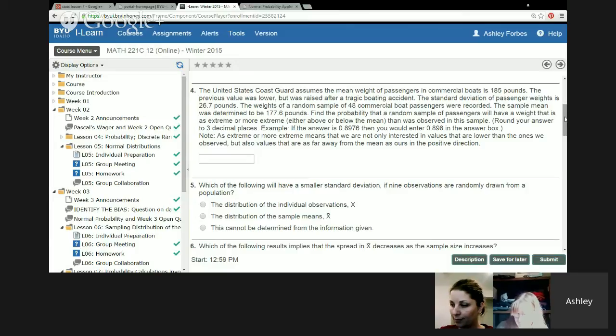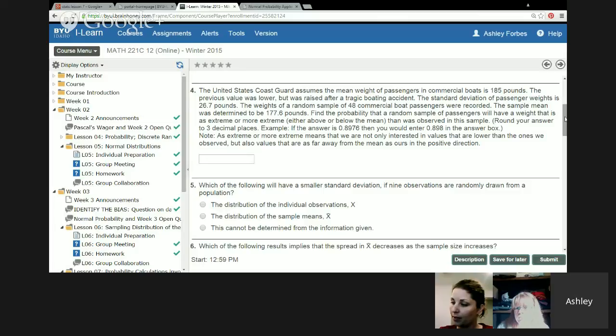The sample mean. I thought the means are supposed to be the same, though. Now I'm confused. I don't know. Find the probability that a random sample of passengers will have the weight that is as extreme or more extreme that was observed in the sample.